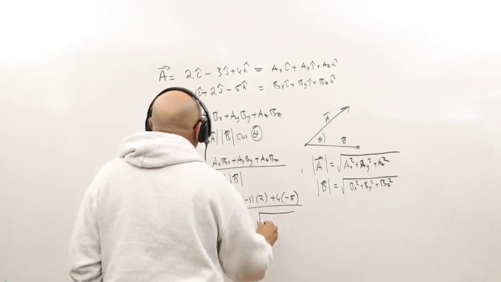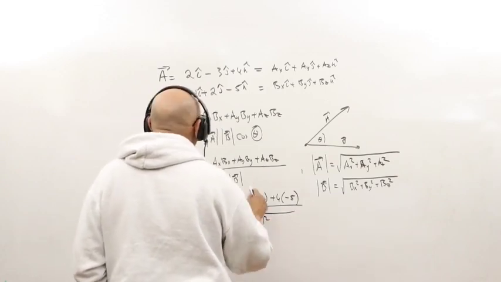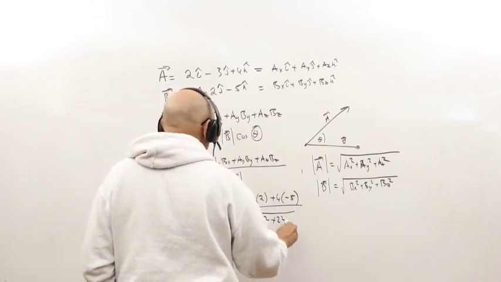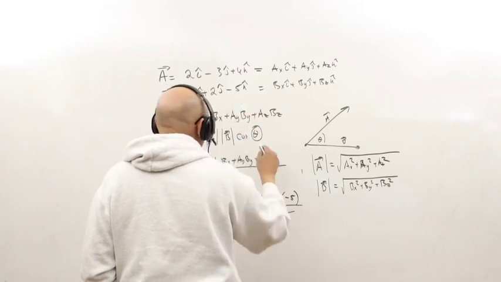And the magnitude of B vector is going to be the square root of 1 squared plus 1 squared plus 5 squared.